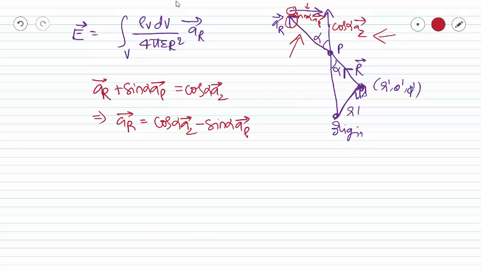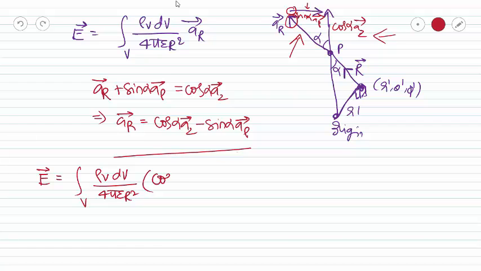Okay, and now this ar bar is the unit vector for r bar, and we will use all these things and substitute in the electric field intensity equation. So E bar is equal to integral over v rho v dv by 4 pi epsilon r square and ar bar, which is cos alpha az bar minus sin alpha a rho bar.